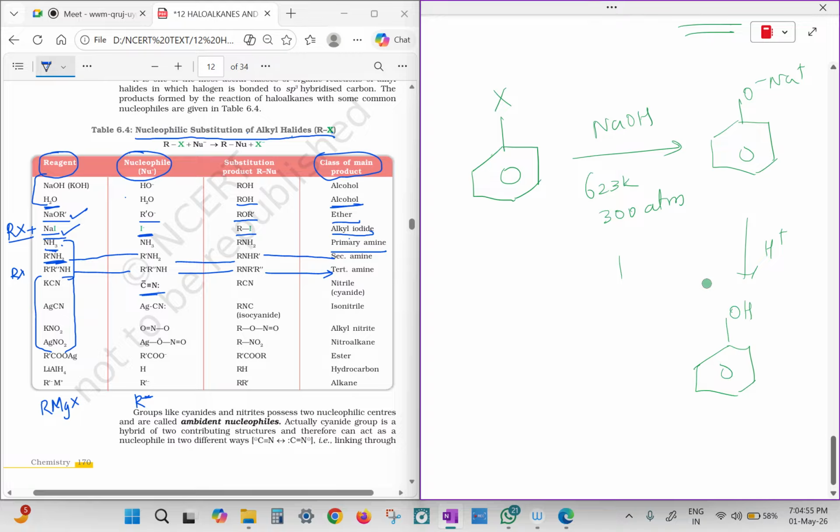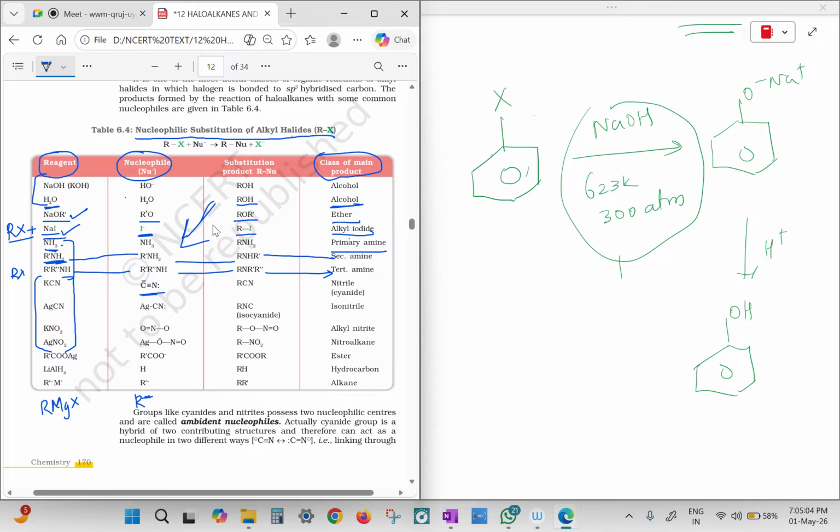So you needed extra efforts to do the nucleophilic substitution on an aromatic halide, but the nucleophilic substitution on aliphatic halide just happened without special conditions. Clear?